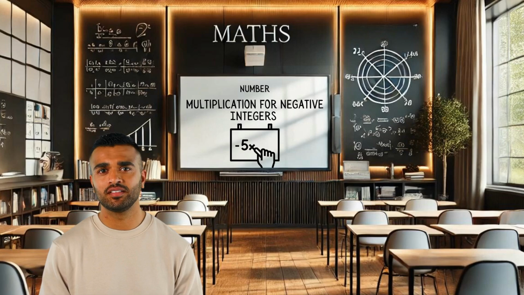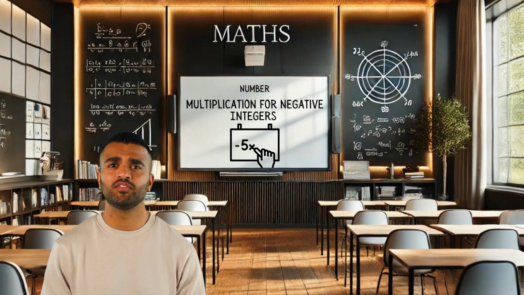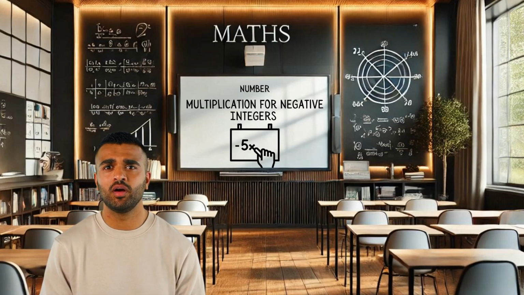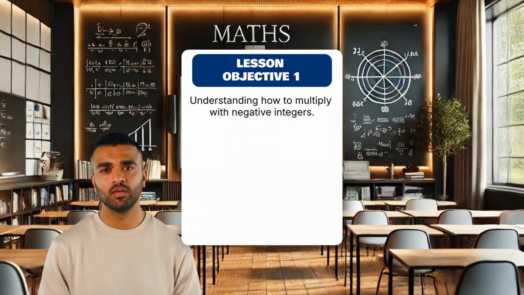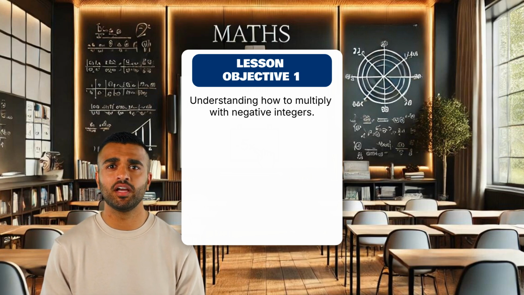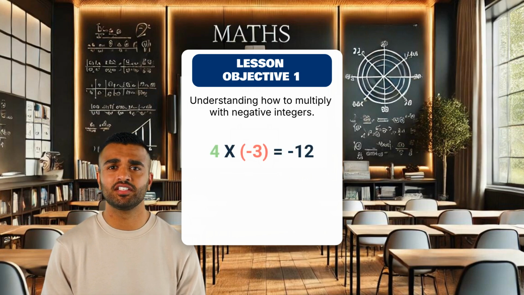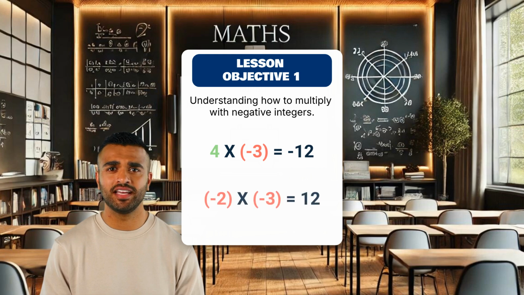In today's lesson, we explored the multiplication rules for negative integers, building on our prior knowledge of positive integers and basic operations. We started by understanding that multiplication involving negative numbers is essentially the same as with positive numbers, but the sign of the result changes based on the signs of the numbers involved. We covered two main cases, multiplying a positive integer by a negative integer and multiplying two negative integers.